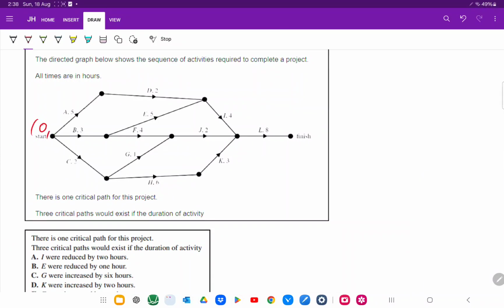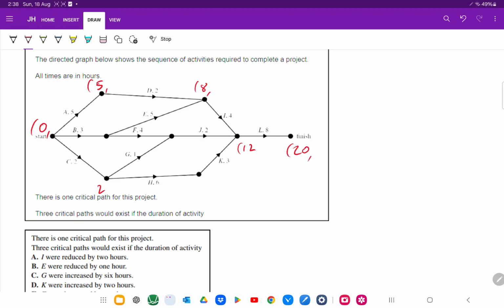We get 0, this will be 5, this will be going through the BE, that'd be 8. I'm going to keep 12 there just in case, and then we get 20, so that could change.